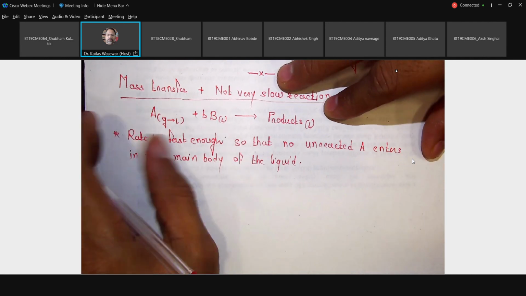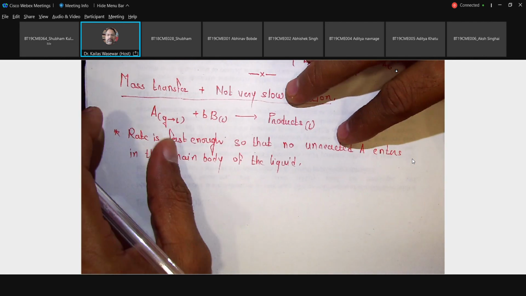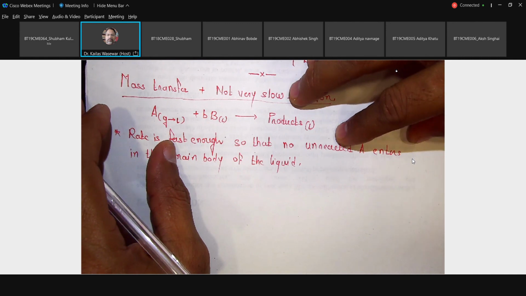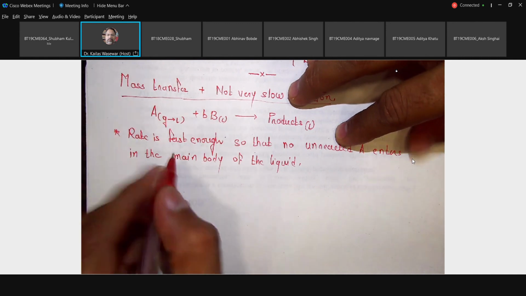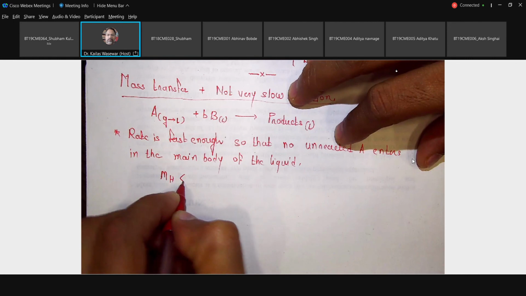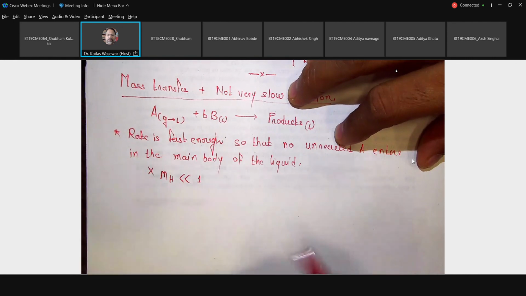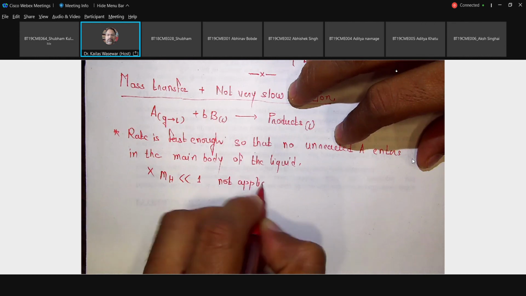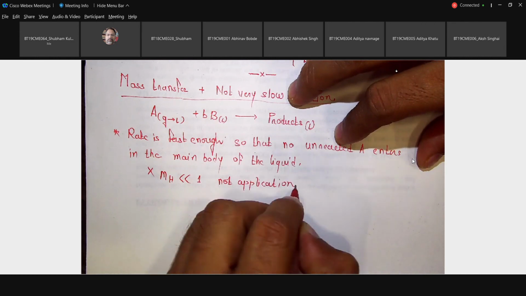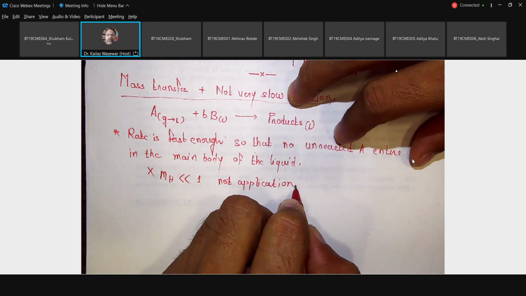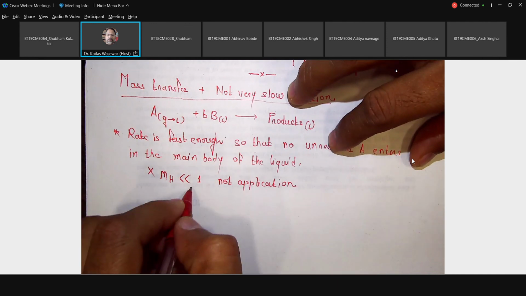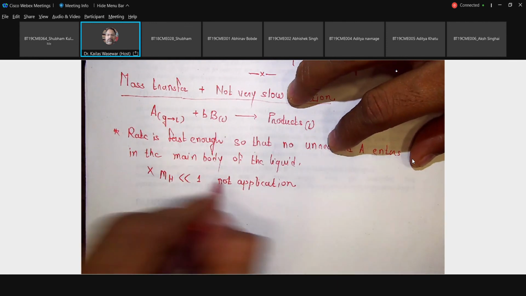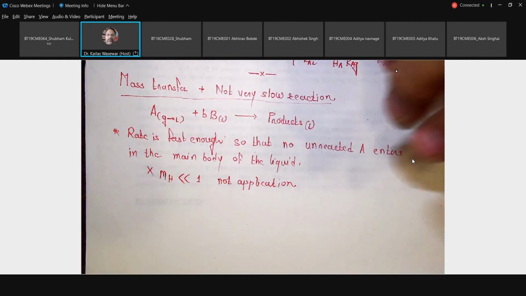So not much smaller than unity. That means this condition is not applicable. Other than this, we are going with the surface area as controlling. That means bulk liquid is not controlling; surface area may be controlling.